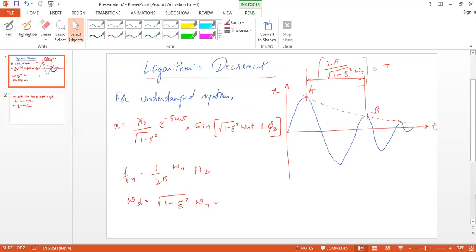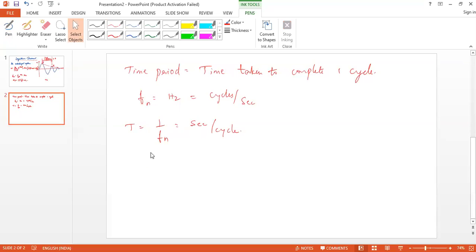Whereas in the underdamped system we have omega d. Omega d is the damped natural frequency, that is equal to root of 1 minus zeta square omega n. So T is equal to 1 by Fd, or Fd is equal to 1 by 2 pi omega d, that is 1 by 2 pi, and omega d is root of 1 minus zeta square omega n.